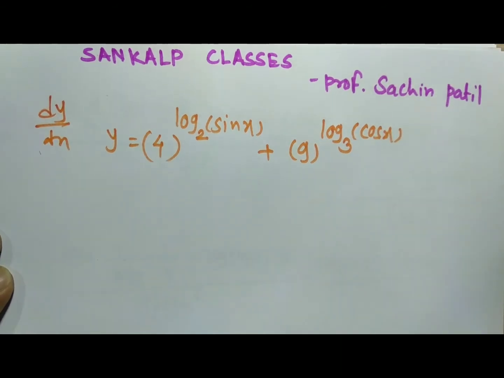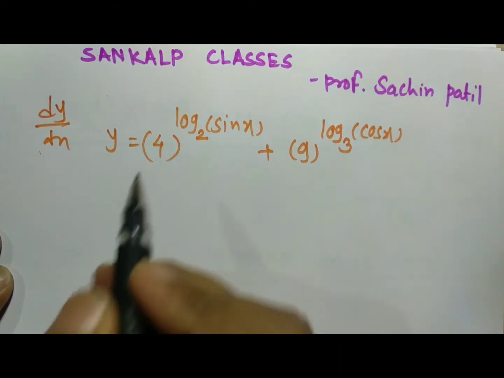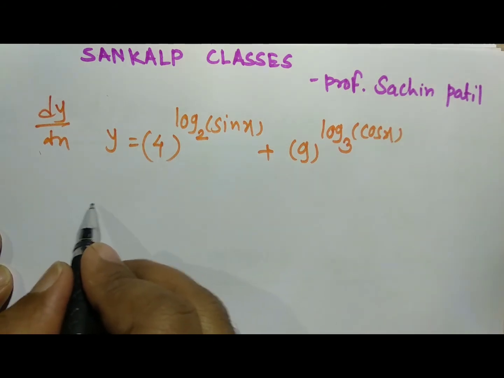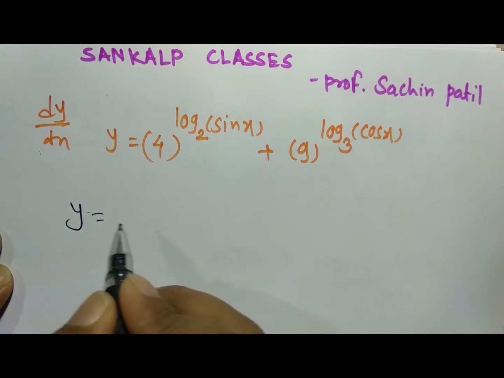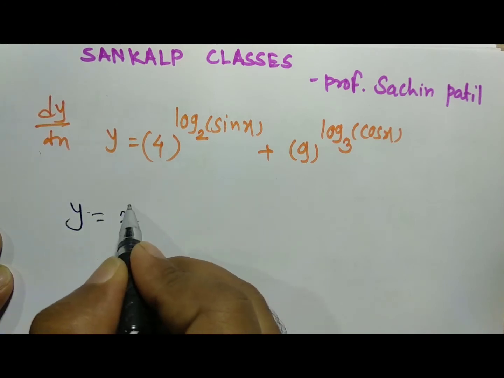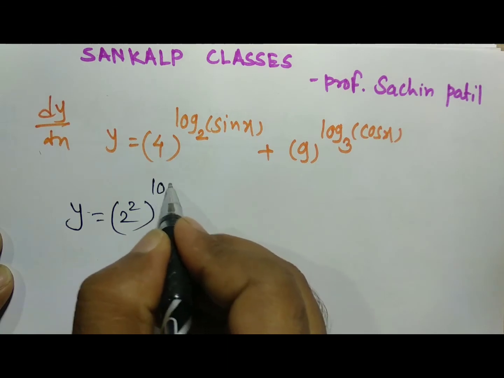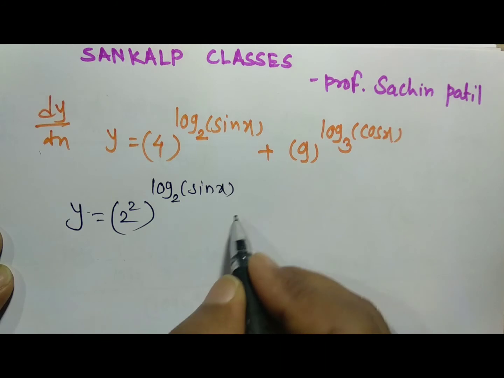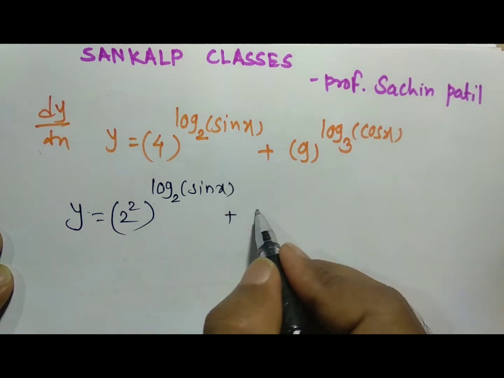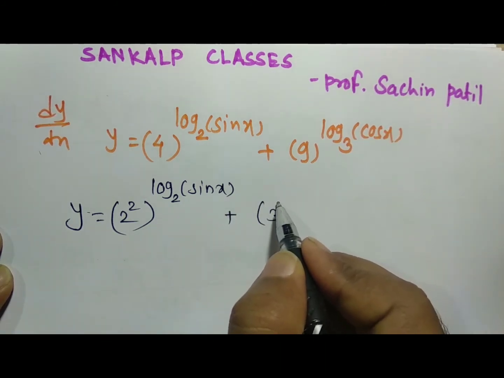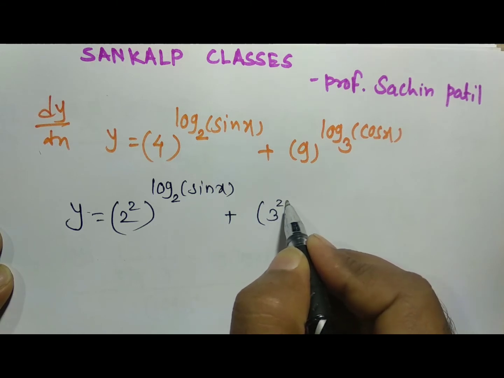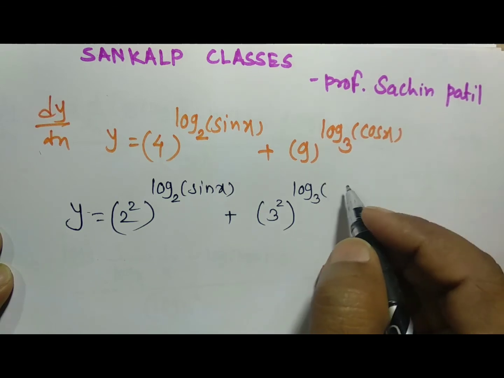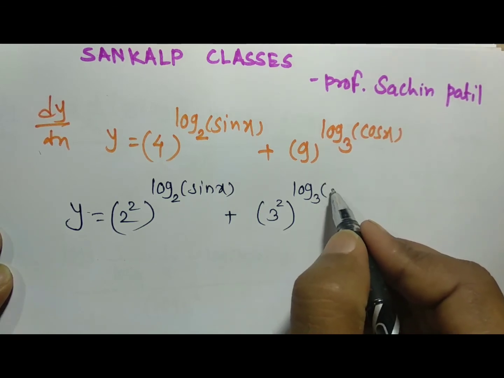Inside this equation, first of all we note that 4 is nothing but 2 squared, and therefore y is equal to 2 squared raised to log to the base 2 of sin x, plus 9 is nothing but 3 squared, into log to the base 3 of cos x.